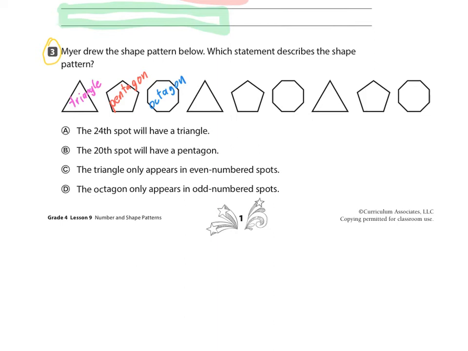All right, so you've got a triangle, pentagon, octagon, and another triangle. So read that one carefully. Make your best guess. There is only one correct answer. Take your time and try to figure that out.